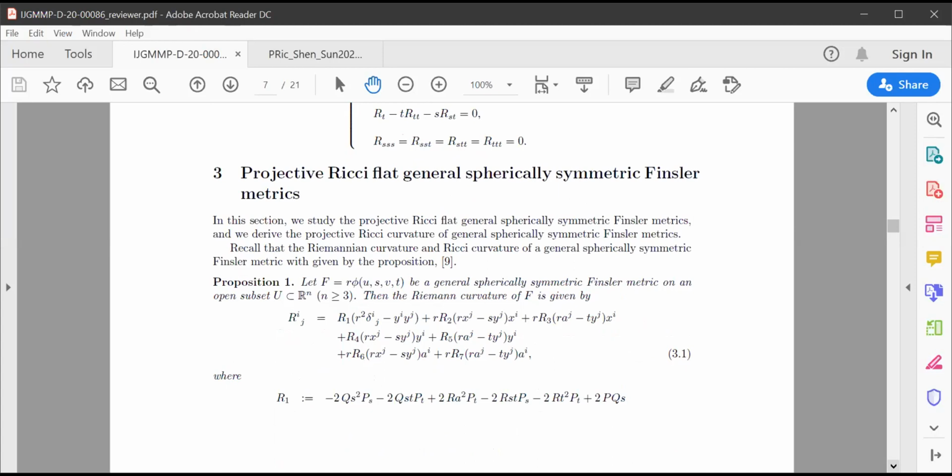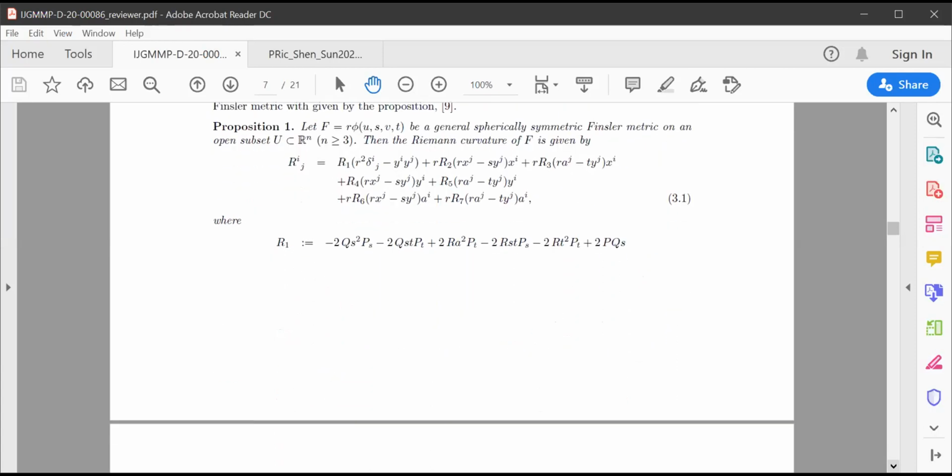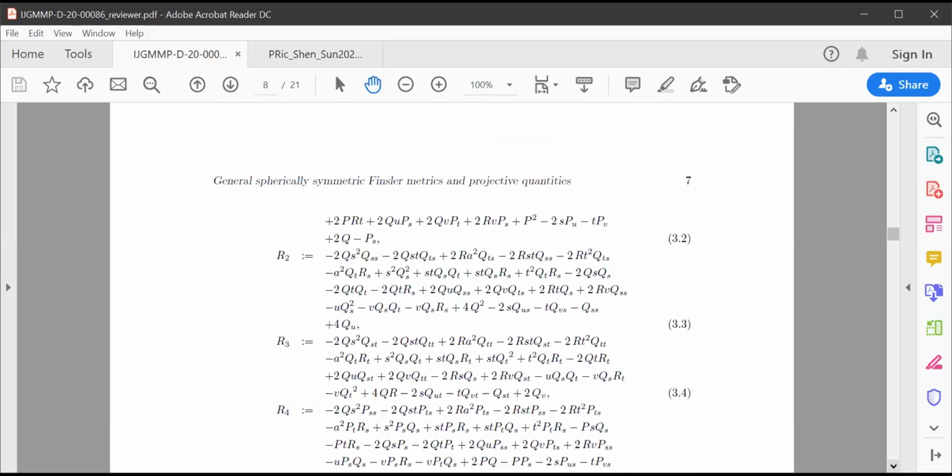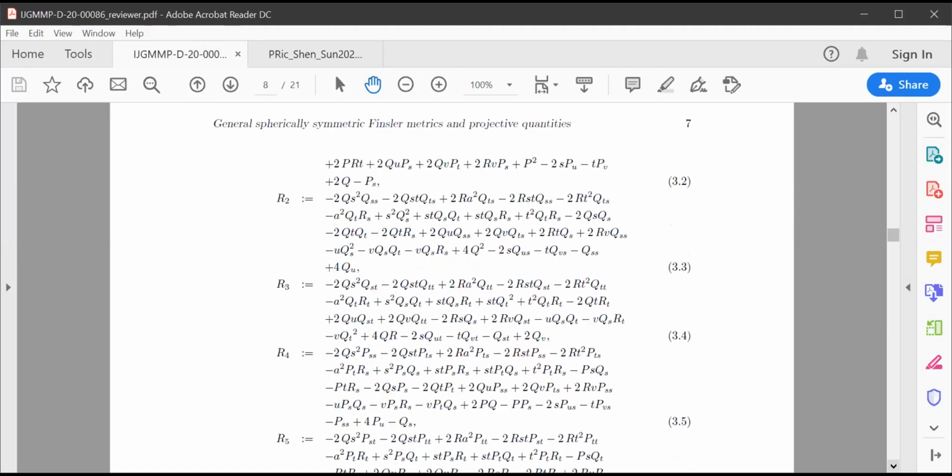General spherically symmetric metrics. As I predicted, they have to compute the remaining curvature tensor, which involves more variables than for the spherically symmetric metrics. As long as you use Maple correctly, those are the equations you're going to get.